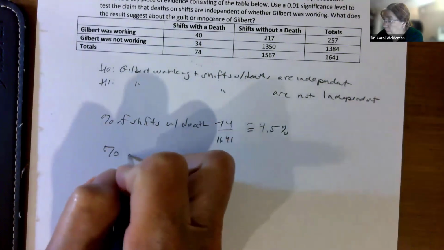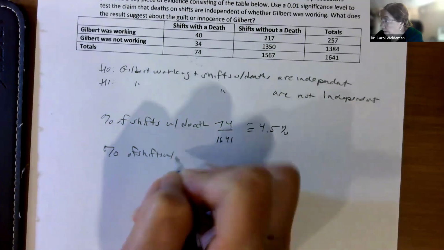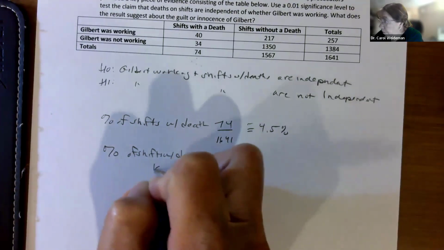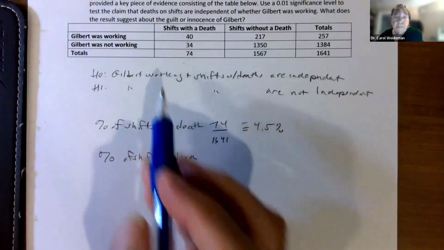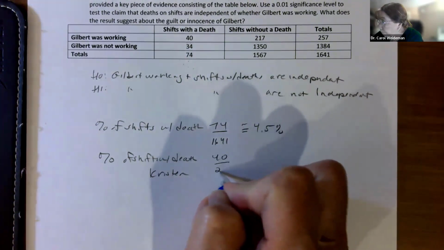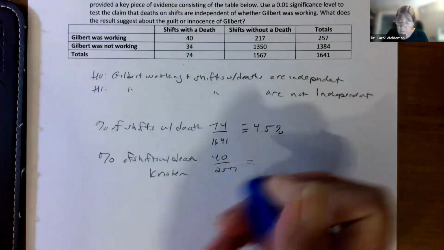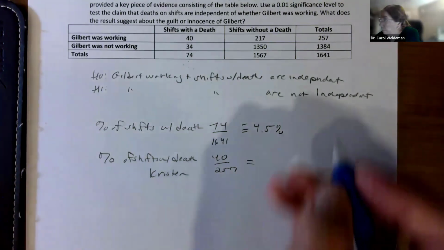Okay, now let's look at the percent of shifts with a death when Kristen was working. So that's going to be 40 over 257. If I take 40 and divide by 257, I get 15.6%.